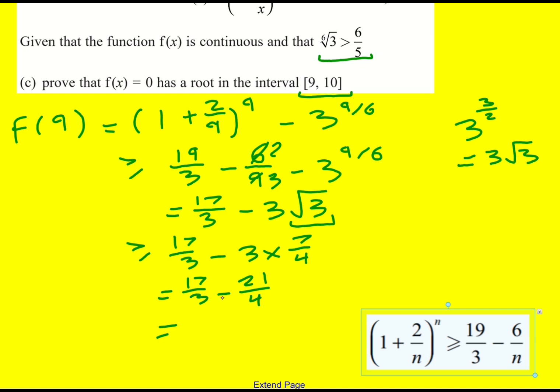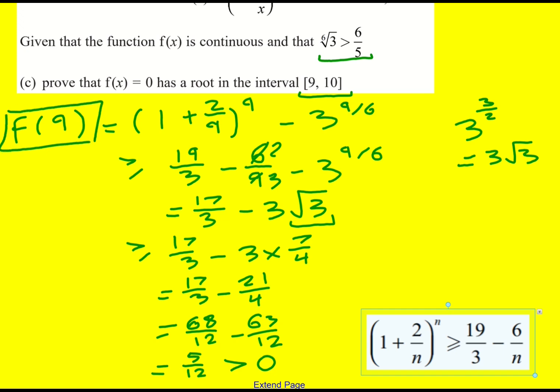Let's put it over a common denominator. So times through by 4 gives me 68 over 12 minus 63 over 12, which is 5 over 12, which is greater than 0. So I have just shown that f of 9 is greater than 0.